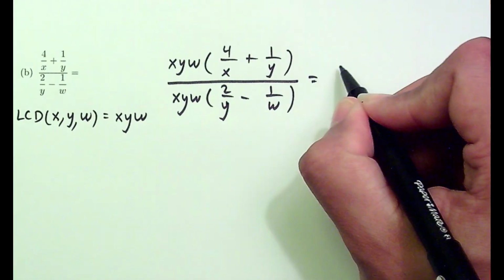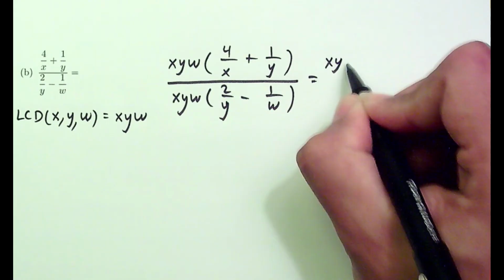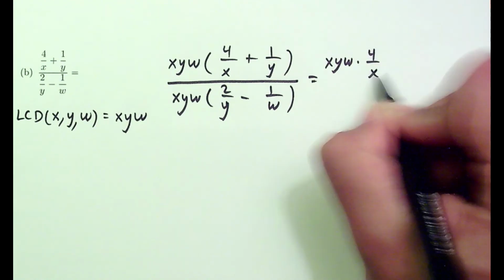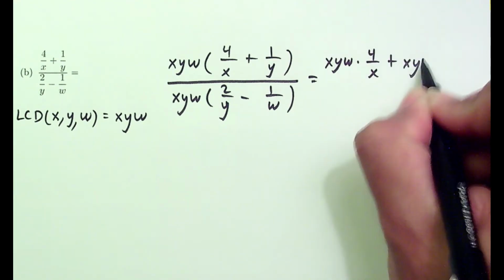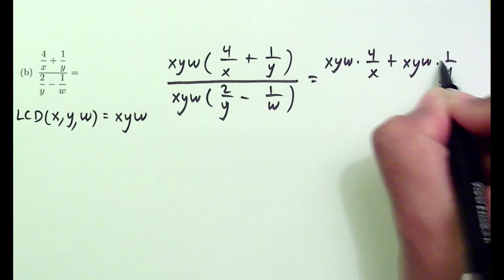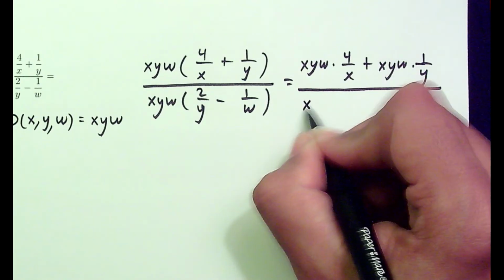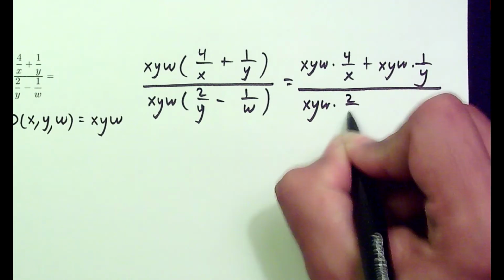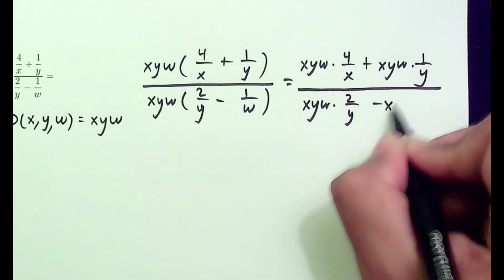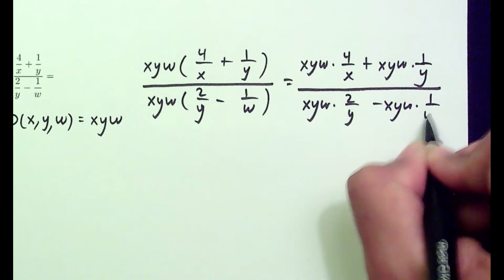So this is going to be x, y, w times 4 over x plus x, y, w times 1 over y. All of that over x, y, w times 2 over y minus x, y, w times 1 over w.